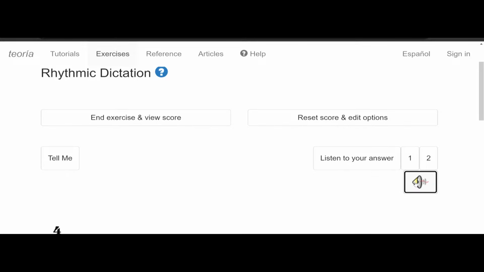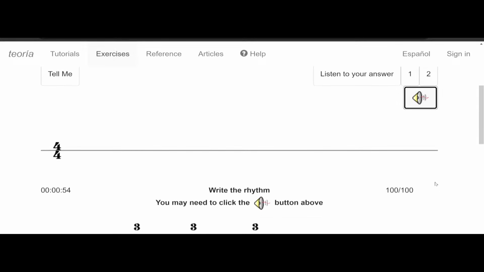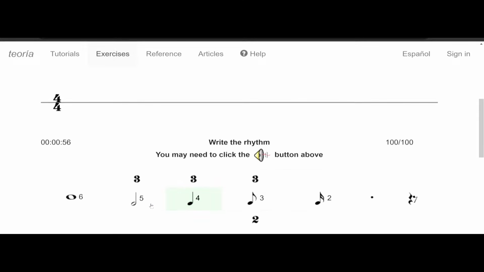Here it's going to start. So what I heard was ba, bump, bump, ba. So long, and it was actually 2 beats. 1, 2, bump, bump. And then I think it was another half note, but we're going to give it another listen.